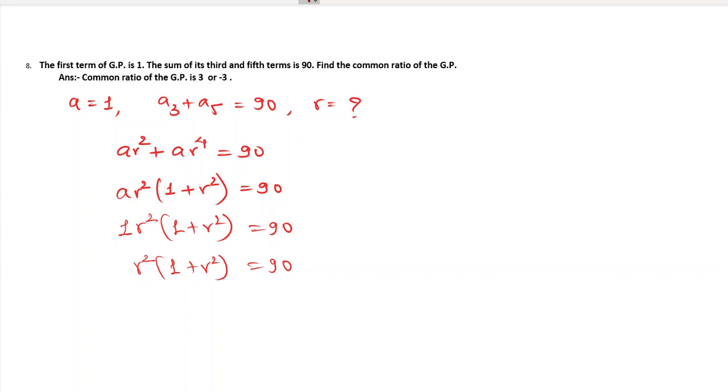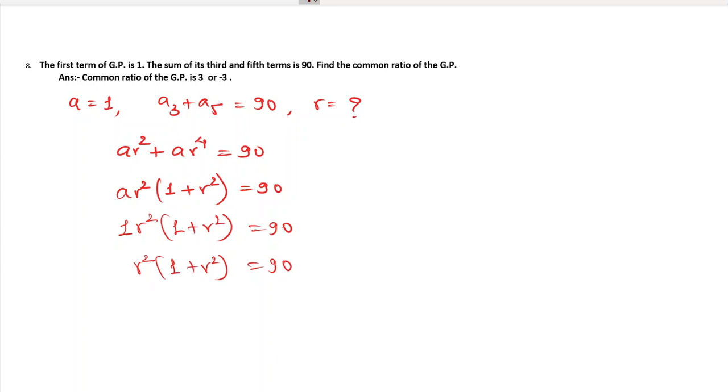Now this is really interesting. You can choose to solve it with the help of splitting the middle term, that is quadratic equation, or you can choose to directly solve it, but I recommend that you solve it with the help of quadratic equation, because here you are going to get double answer, right?